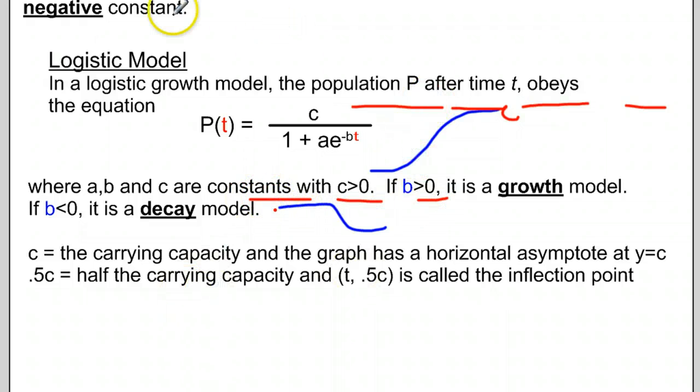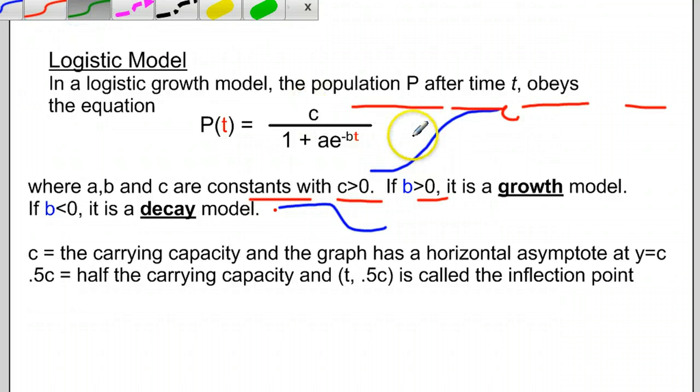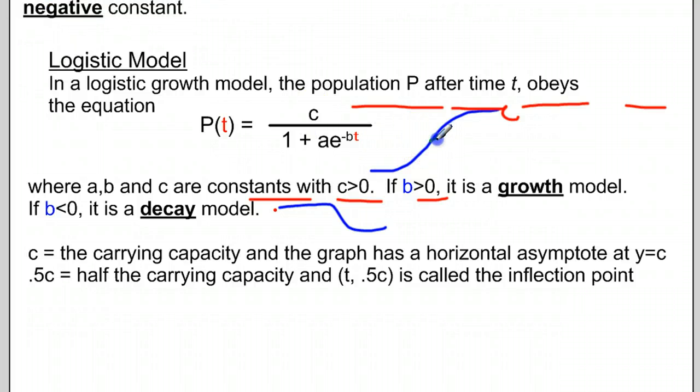Okay, and the point where the curve changes direction is called the inflection point, and that inflection point is at the y value of half of the carrying capacity. And so what you're going to do is set up equations that represent that. So it's very important that you identify what K is and what the other constants are, and then you'll come up with an equation.